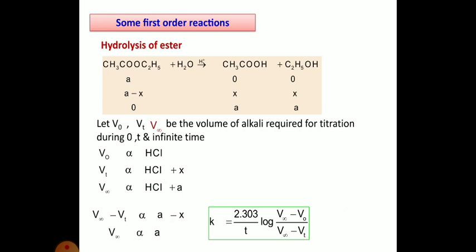So you will get the corresponding value for it. In problems sometimes the values for V infinity minus V0 are given directly, and sometimes you have to calculate them by looking at the reactions, and sometimes Vt is also provided with the problem.